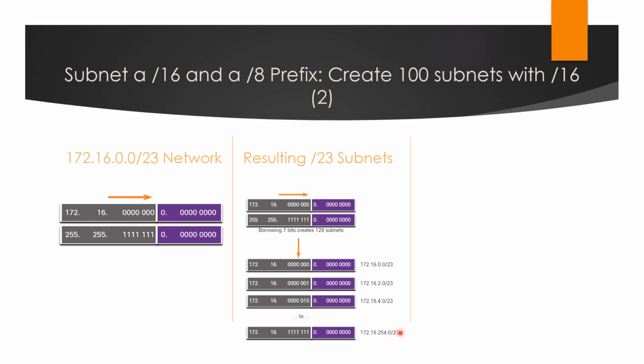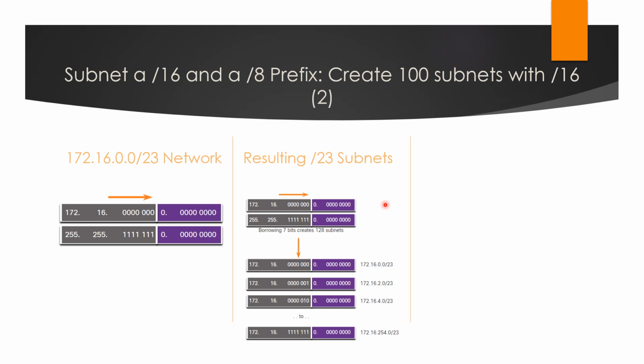After borrowing 7 bits for the subnet, there is 1 host bit remaining in the third octet and 8 bits remaining in the fourth octet, with a total of 9 bits for the host portion.